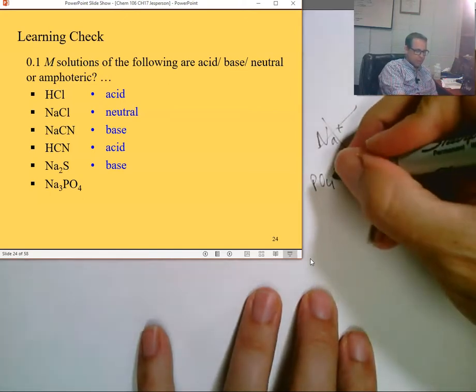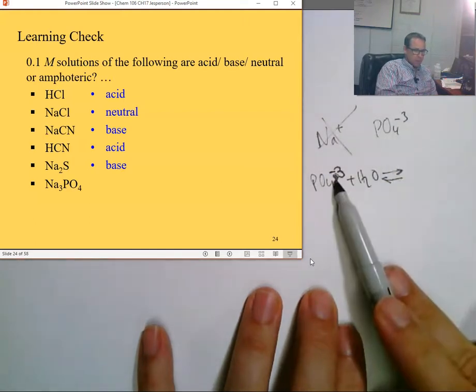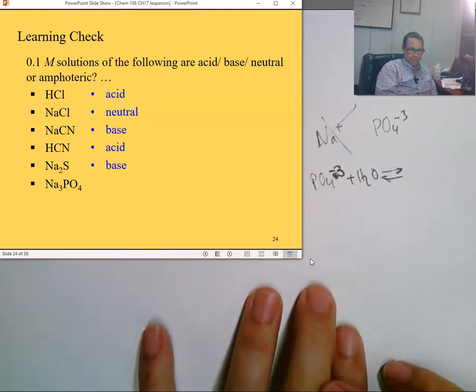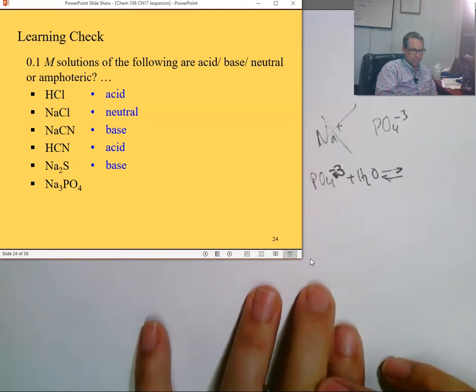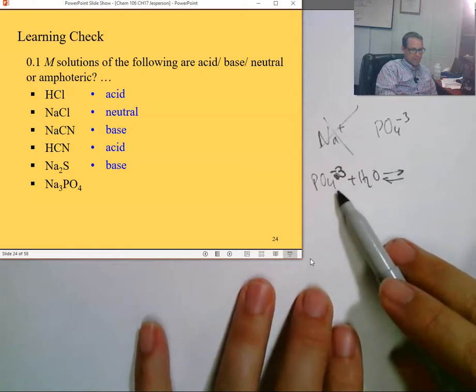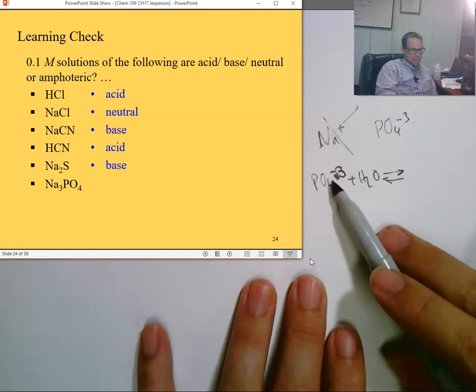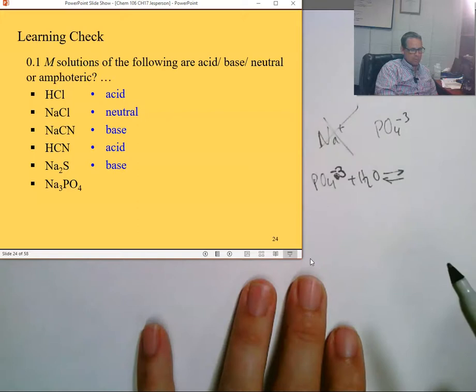The oxygen has 4 times 2, so 8 negative, and the P has to have 5 positive. In terms of the oxidation number, very good.